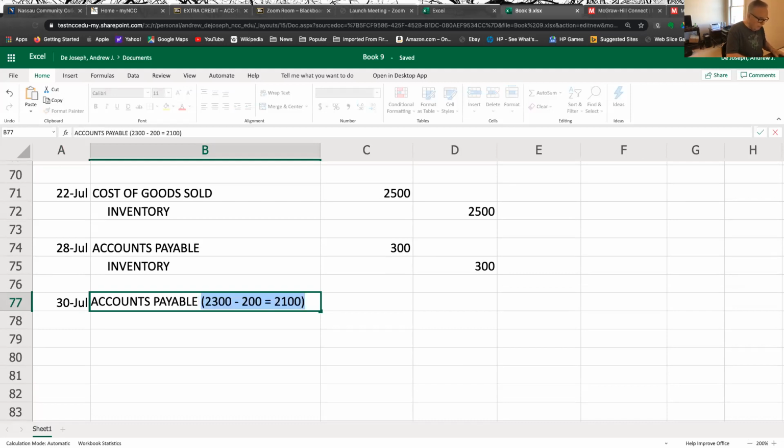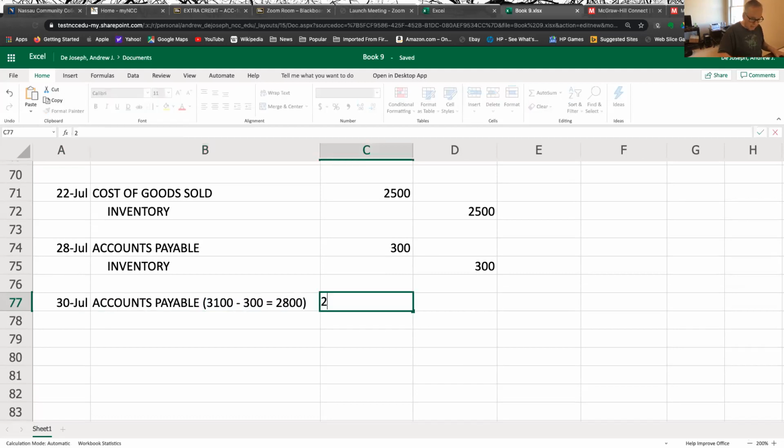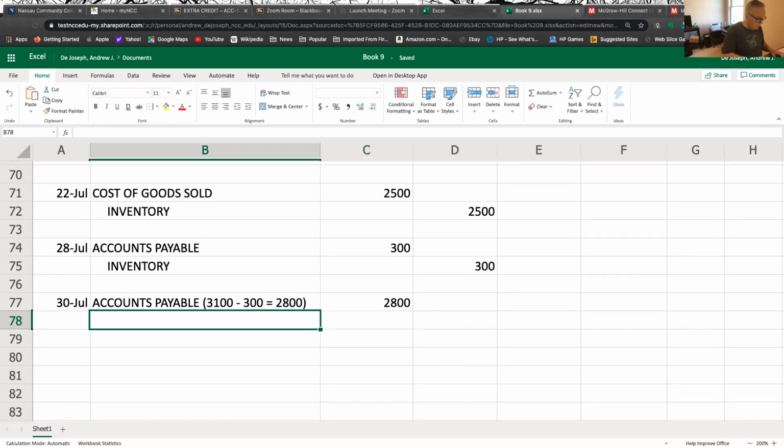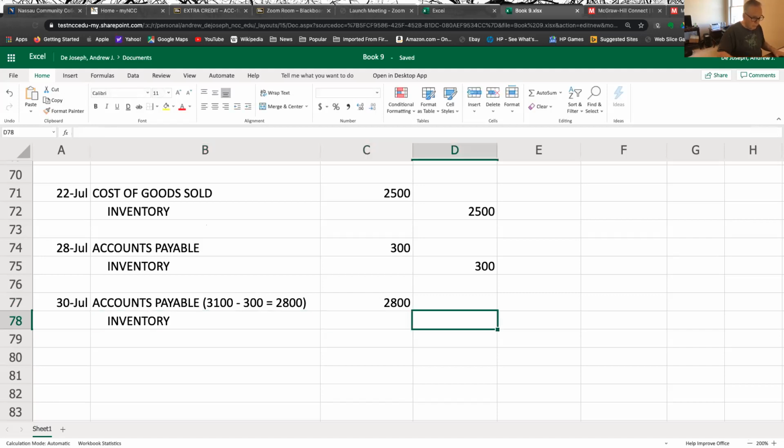Now, what was the full amount? Well, we bought how many when we made the purchase? 3,100, and then we sent back 300. So how much do we owe? 2,800, and that's the amount we're going to pay. Debit accounts payable, credit inventory, 2,800.